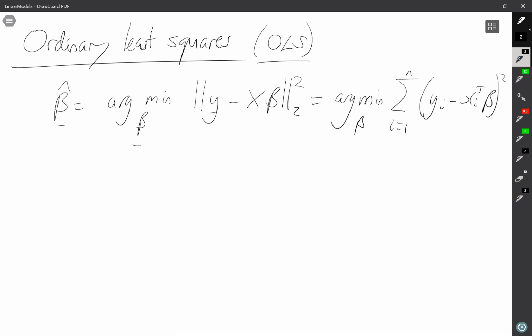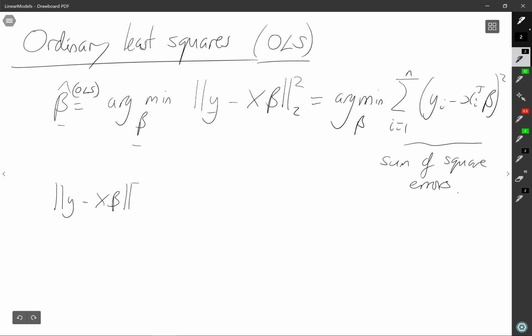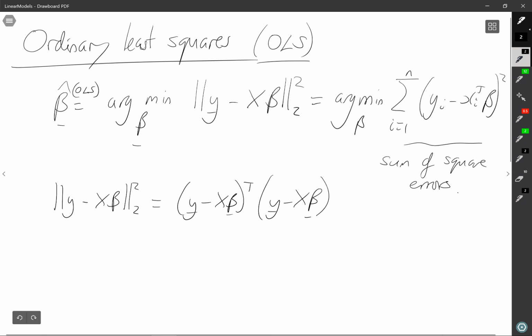Well, how do we find this? I'm going to put a subscript here for OLS, ordinary least squares, in that it minimizes the sum of squared errors. The squared norm of y minus X beta is (y minus X beta) transposed (y minus X beta). Let's expand this out.